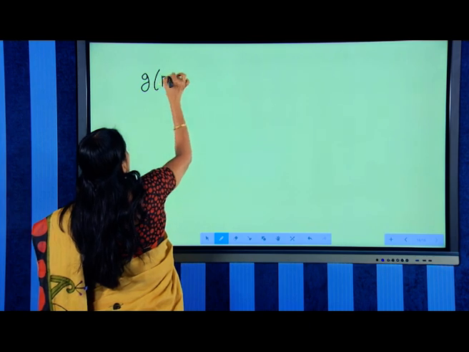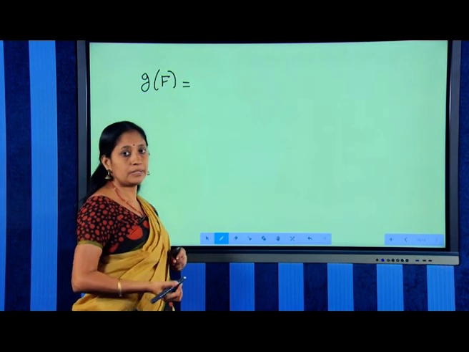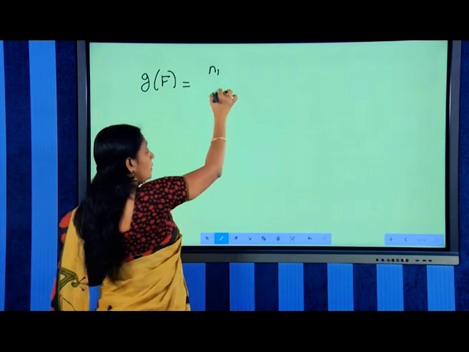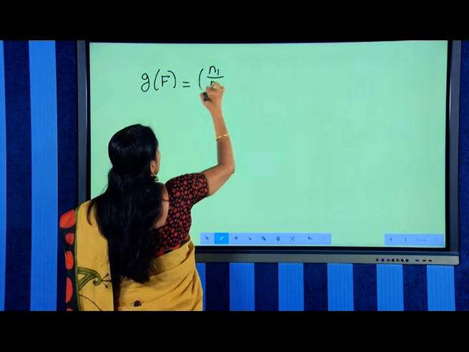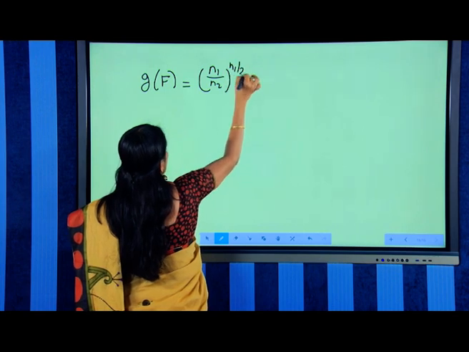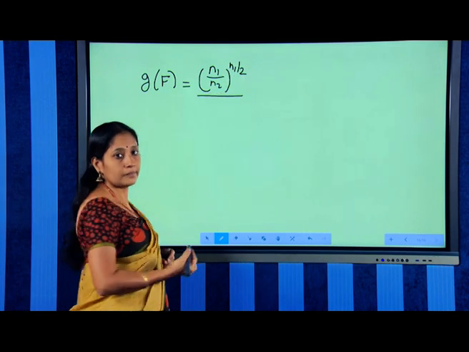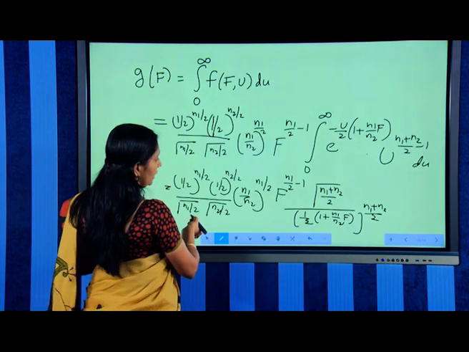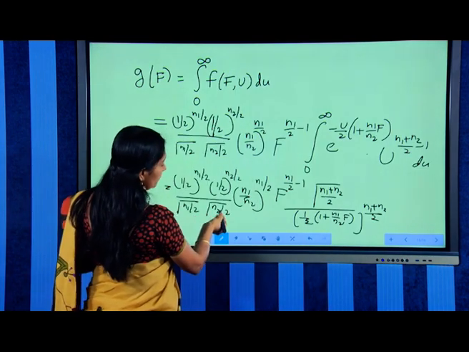the marginal density of f as f is equal to n1 by n2 raised to n1 by 2 divided by gamma n1 by 2 into gamma n2 by 2.